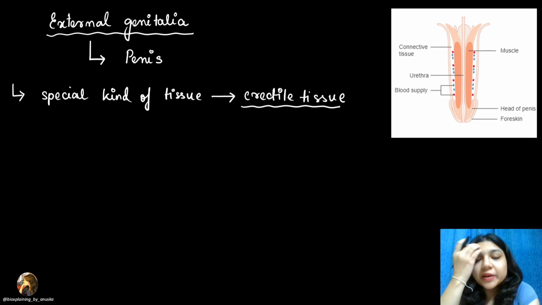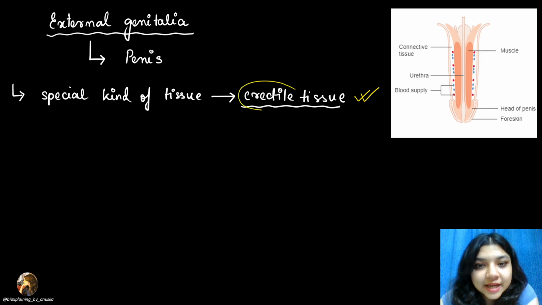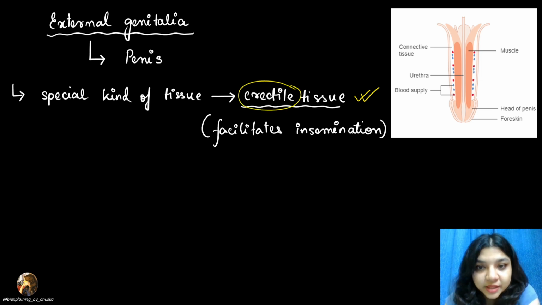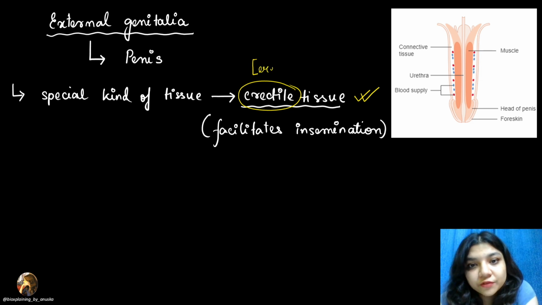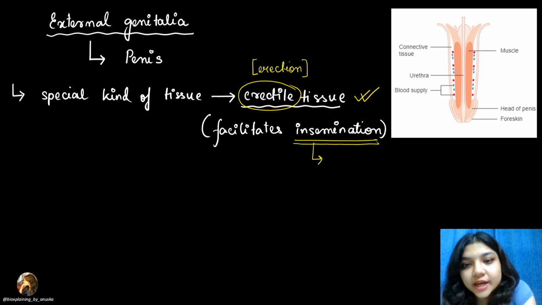So it has a special kind of tissue, जिसे हम लोग क्या कहते हैं, which is known as the erectile tissue. So from the name only you can understand erectile tissue. That means what will happen? It leads to some kind of erection. So how does it favor? It facilitates insemination. Insemination किस चीज को कहा जाता है?